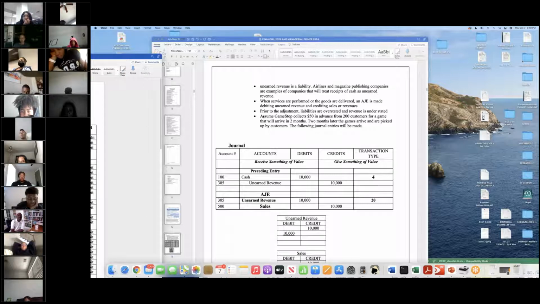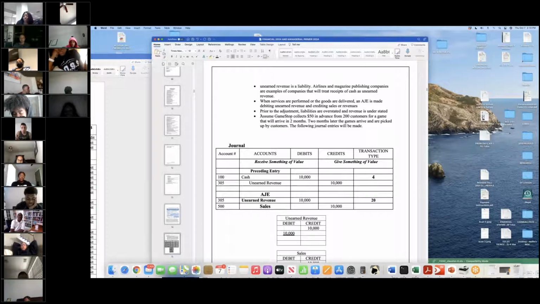Well, you'll have one where you collect the money. Then you have another where the games arrived and were picked up. So on the first one, you make a journal entry. Then you have another transaction. So these are transactions. So your first transaction type is here.